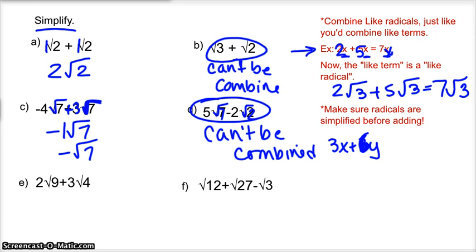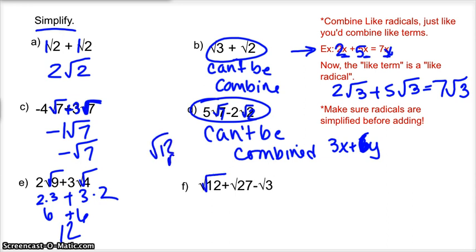Letter E, did this one on the previous slide, but in case you didn't catch it, the square root of 9 reduces to 3, plus the square root of 4 reduces to 2, so the answer here is 12. And lastly, for letter F, slightly different than the one on the other slide, the square root of 12: 4 and 3, 2 and 2, 2 square root 3.